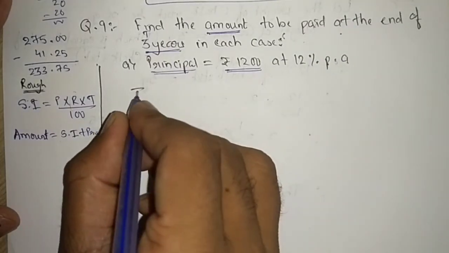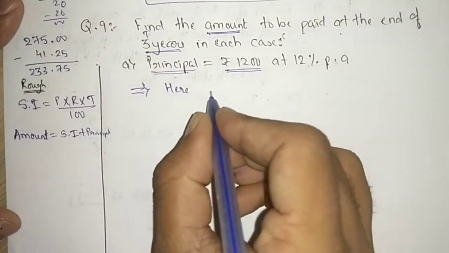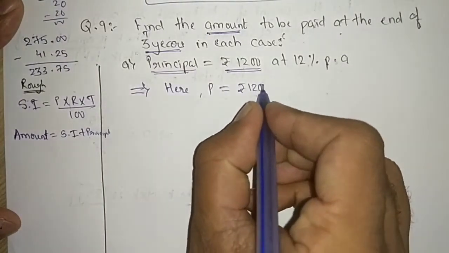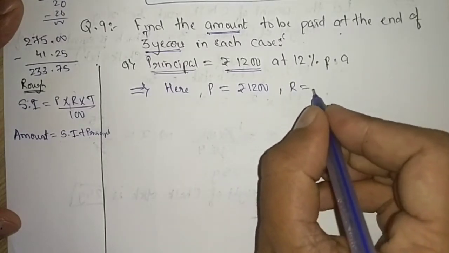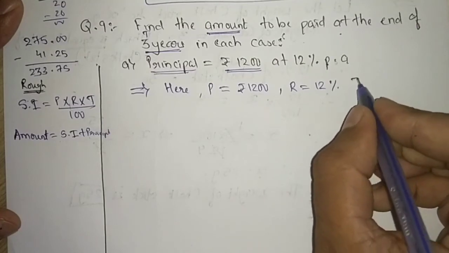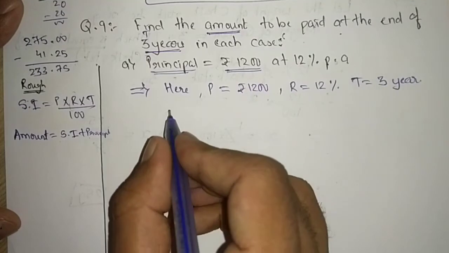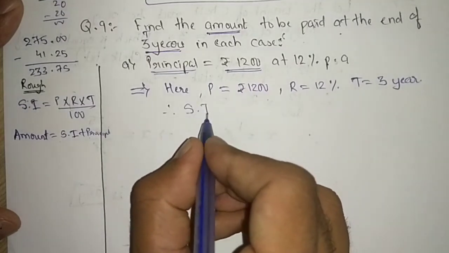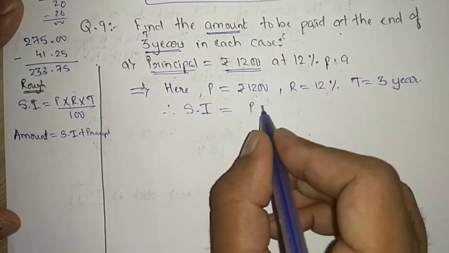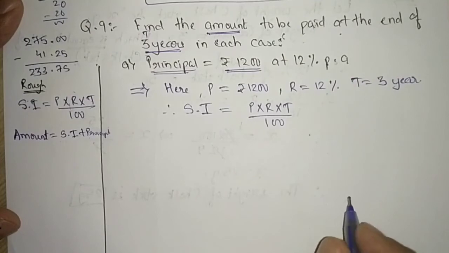So let me calculate here. Principal P is equal to rupees 1200, R is equal to 12% and T is equal to 3 years. Therefore simple interest, which I can write as SI also, is equal to P into R into T divided by 100.